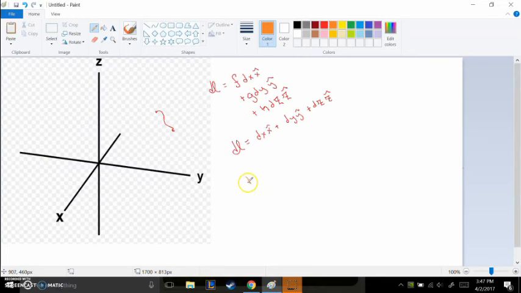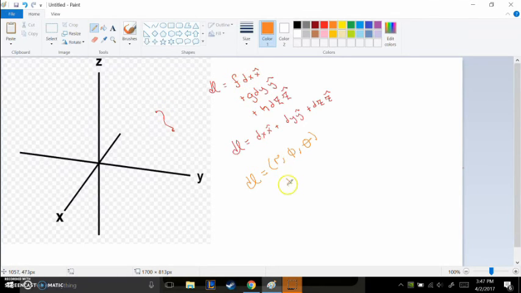But for the spherical, we have dl is equal to, since we're talking about r, phi, and theta, it's going to be in terms of these. So this translates to this one, and f is 1.